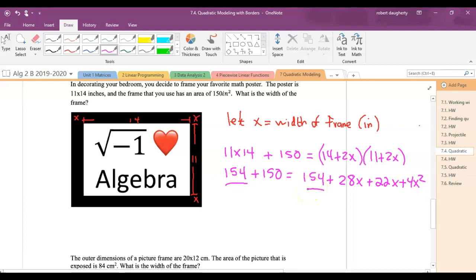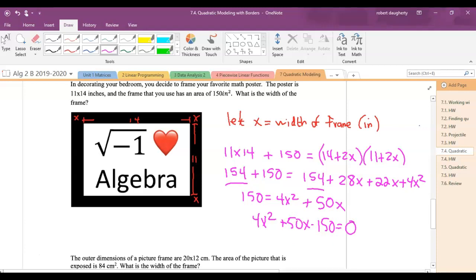So what happens to that? That cancels out. So I've got 150 equal to 4x squared plus 50x. So this is 4x squared plus 50x minus 150 equals 0.